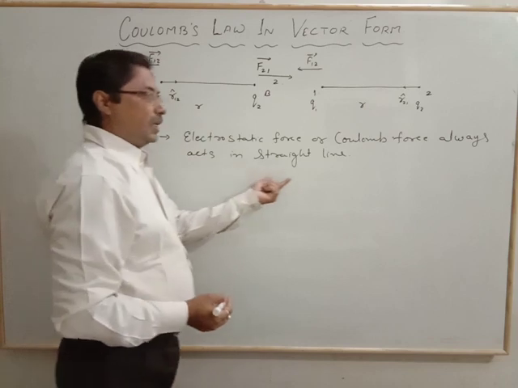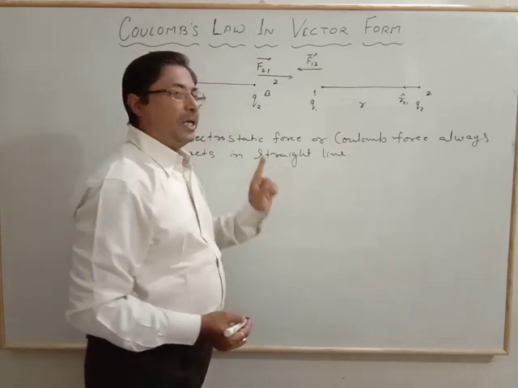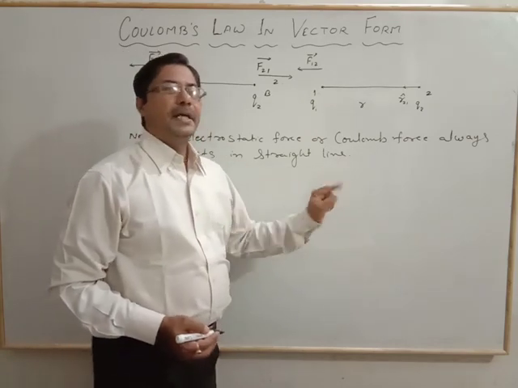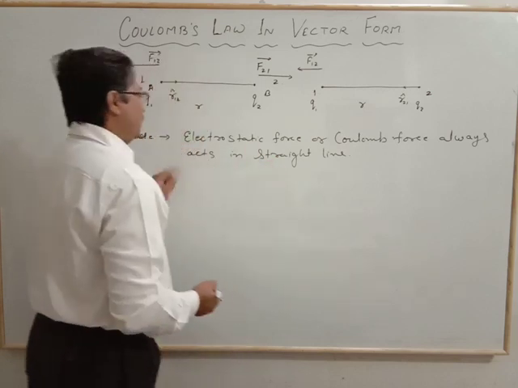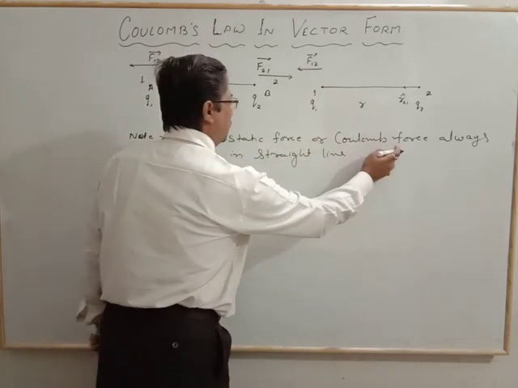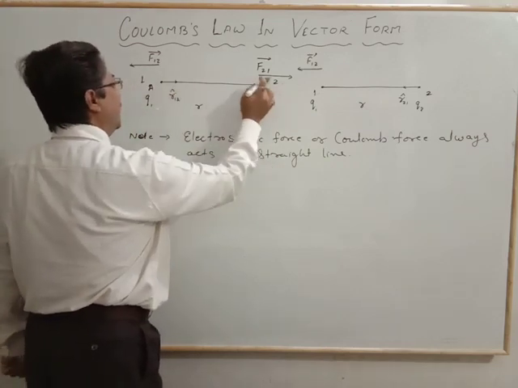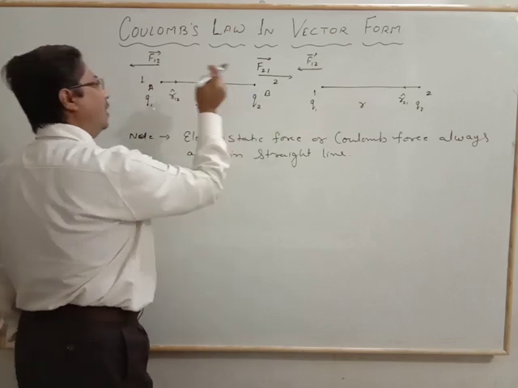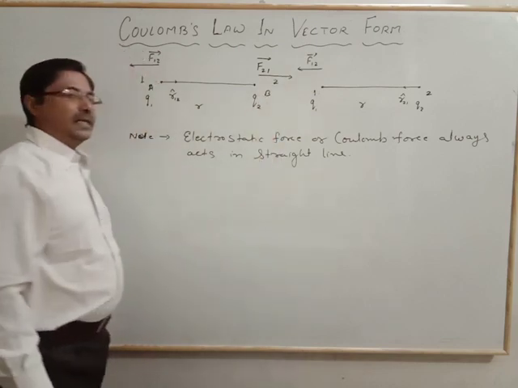Here we are talking about the Coulomb force, but all forces which obey the inverse square law always act in a straight line, and gravitational force is also one of them. So the Coulomb force acts in a straight line, either on the first charge due to the second, or on the second charge due to the first, as represented like this.